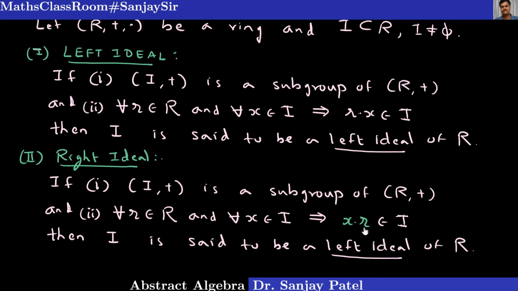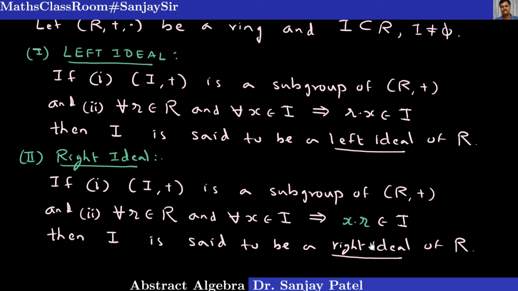So the ring element is multiplied on the right hand side of this multiplication sign. Remember, x and r are arbitrary elements. Okay, if this is the case, then this I is said to be a right ideal of the ring R.